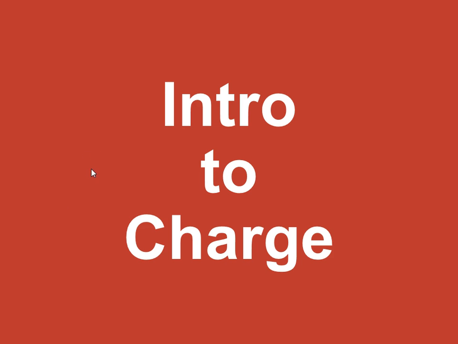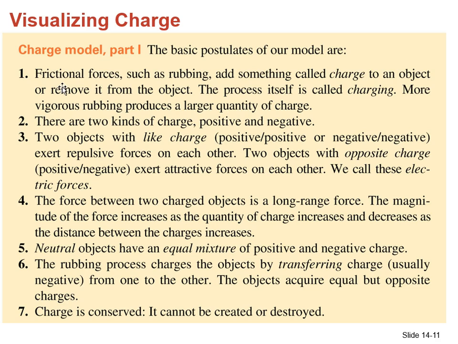All right, just a very brief review of what charge is. We sort of started off talking as if you had no idea what a charge was. We noticed there are two types of charges, positive and negative. Like charges repel, opposite charges attract. The force between those is a long-range force. Neutral objects have an equal mixture of positive and negative charge.